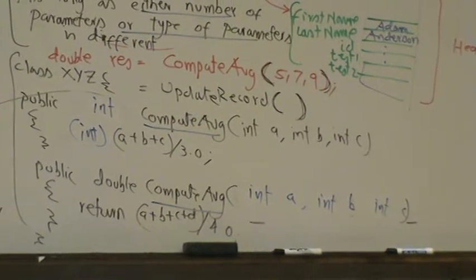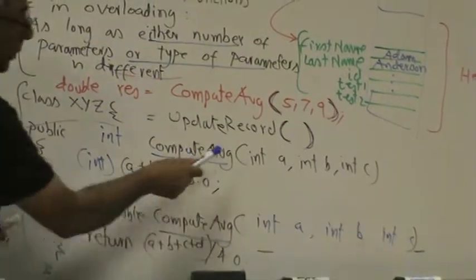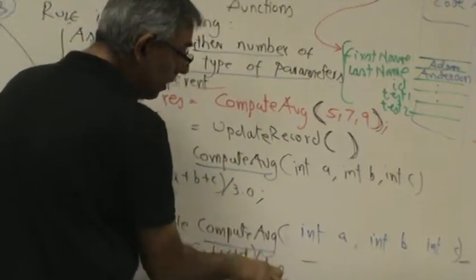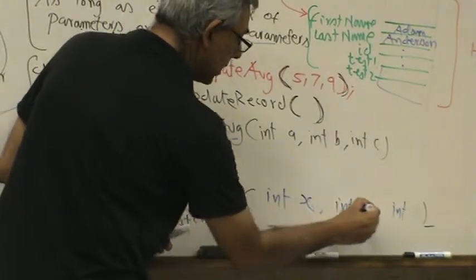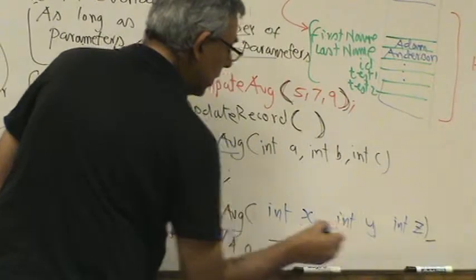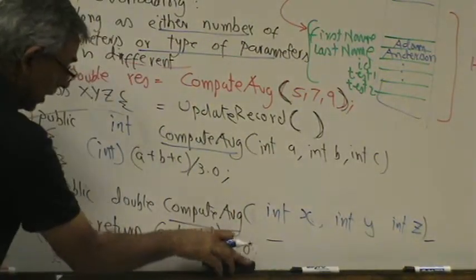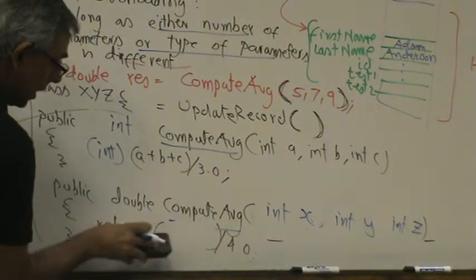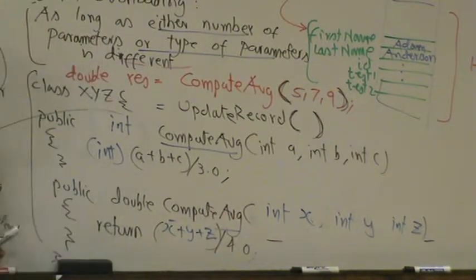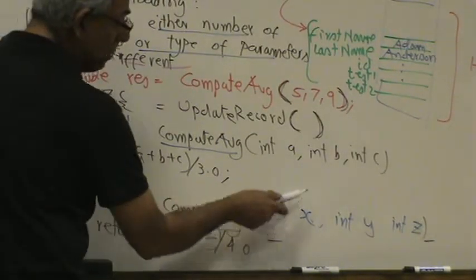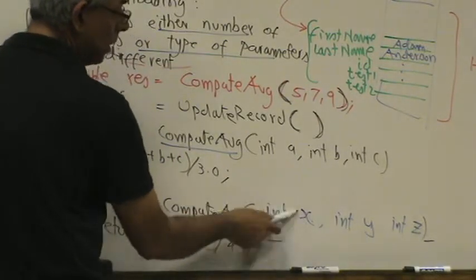So if there are 3 integers, even if you call them x, y, z, then in your code you will be writing x plus y plus z. Even if you name them differently, can we overload them now?